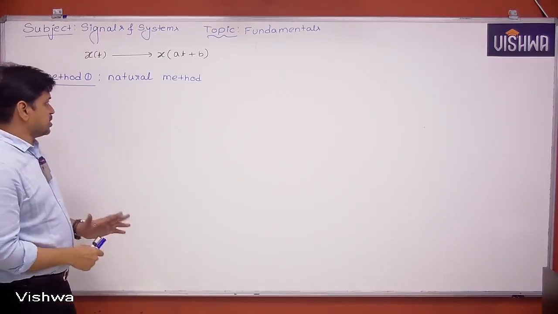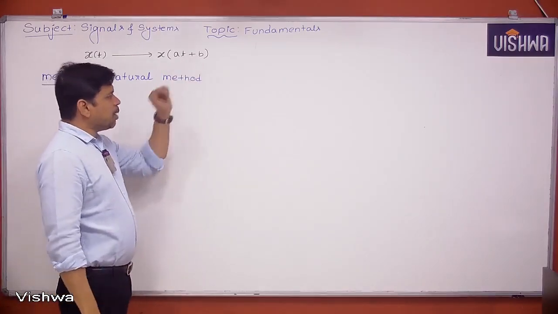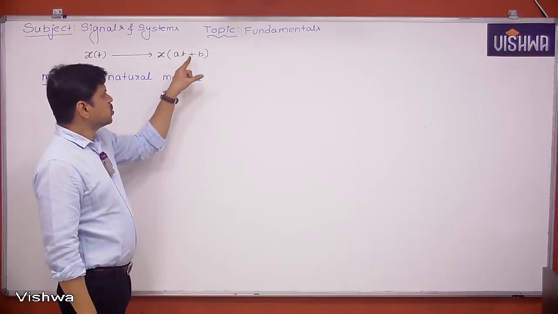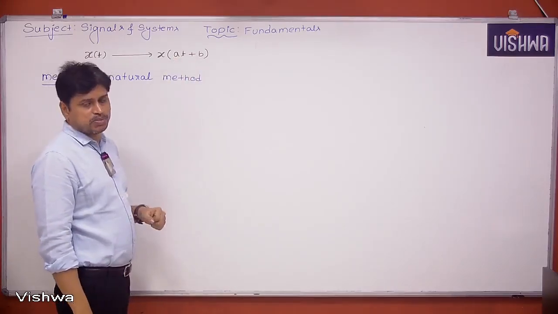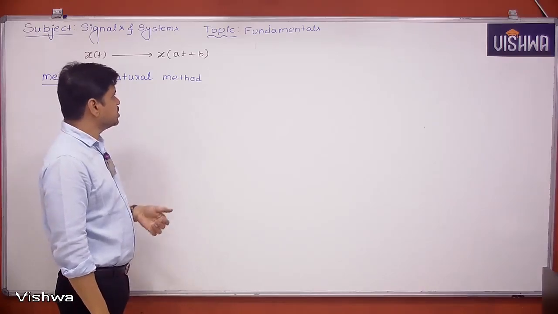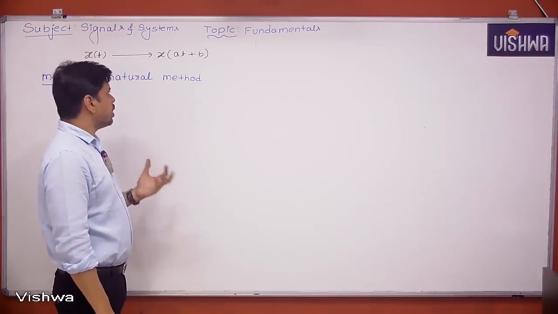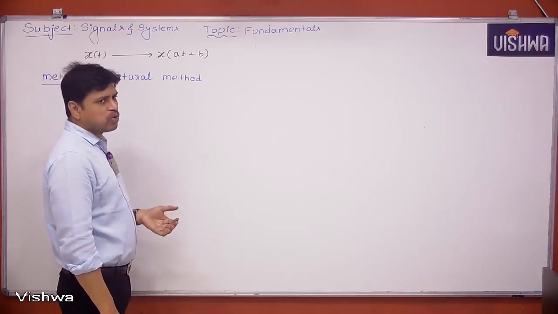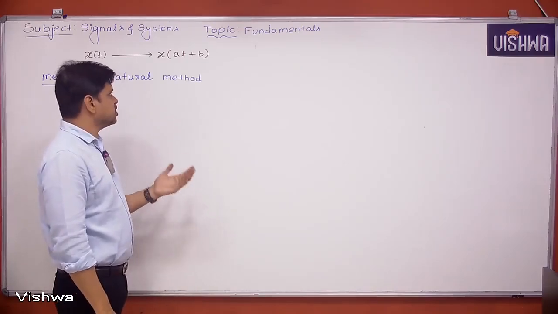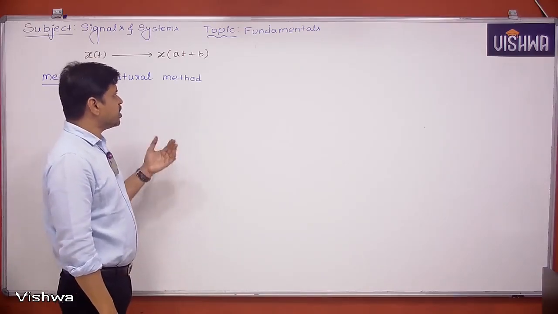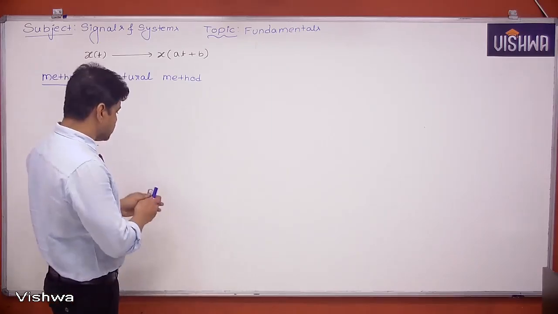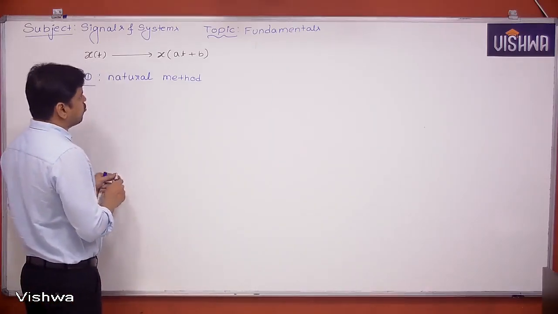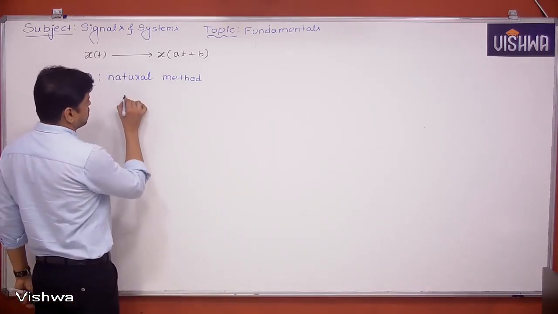Listen carefully. What operations does it have? It looks like it has shifting, and it also has scaling. So it has both shifting and scaling. Which one do we apply first? Do we apply scaling first, then shifting, or shifting first, then scaling? In the natural method, we take first shifting, then scaling.